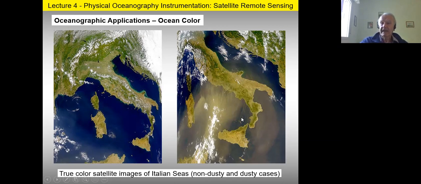In fact, in some situations, when there is a strong southeasterly wind, if you leave your car outside, it will become yellow due to this Saharan dust transported from the African coast, African deserts.